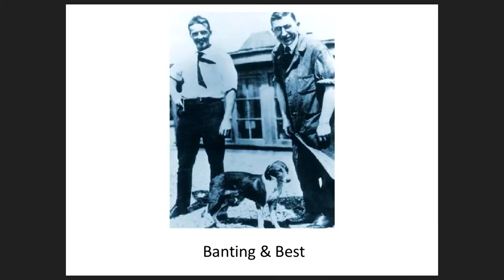There have been plenty of modifications of insulin to better and better chemical formulations, but we still could not have any other choice to treat patients with type 1 diabetes. This is Professor Banting, and this is his co-worker, his medical student called Best, and this is the dog and the pancreas of the dog.